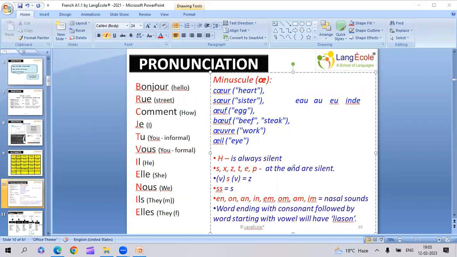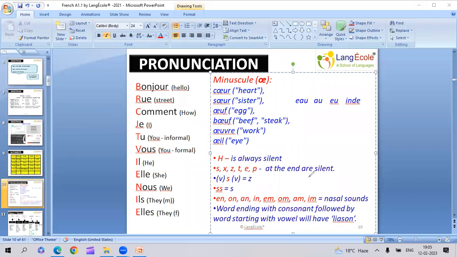We will see it not as a nasal sound, but where two words join together. If the last word is ending with a consonant and the next word is starting with a vowel, the pronunciation of both words will be together.